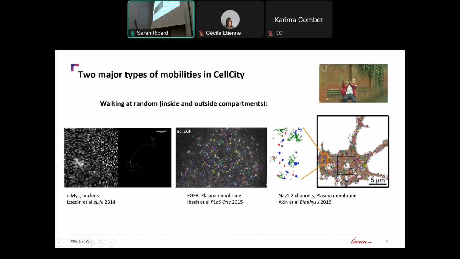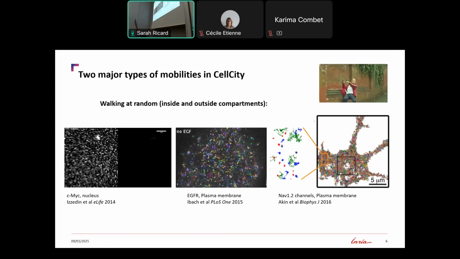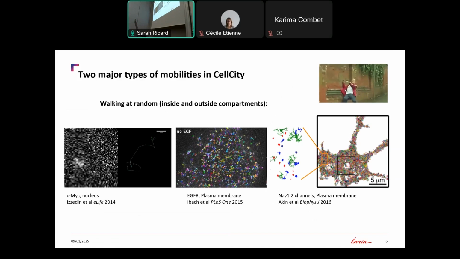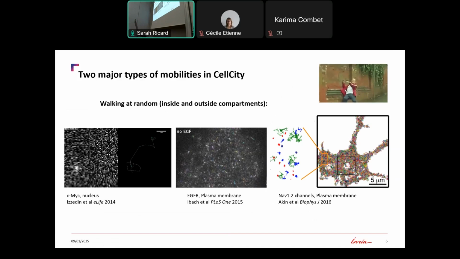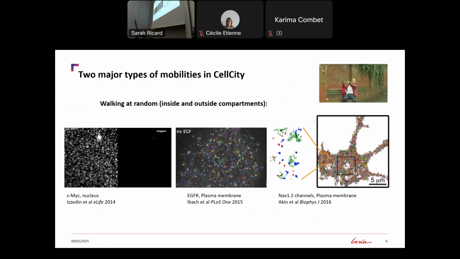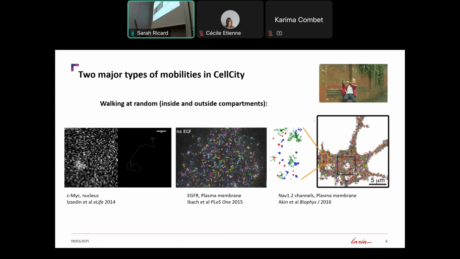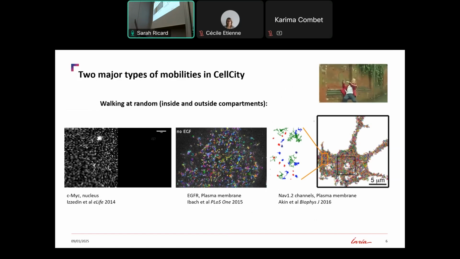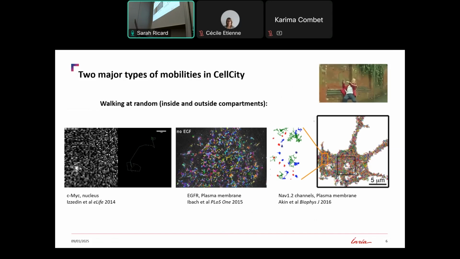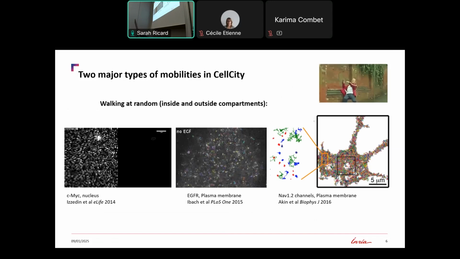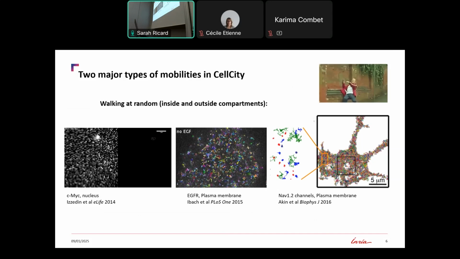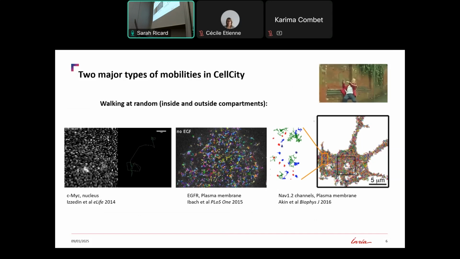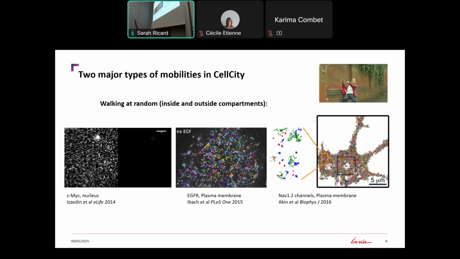Here it's a Myc protein, a transcription factor, but you can follow the trajectory of a single molecule, here a single protein, inside a single nucleus of a single living cell. And when you reconstruct the trajectory, in green, you see that it's exactly like my funny guy who was a bit drunk. The movement is random, and you don't really see a direct displacement.